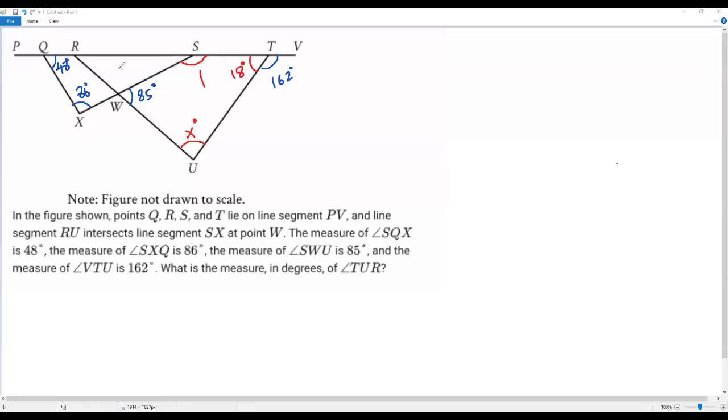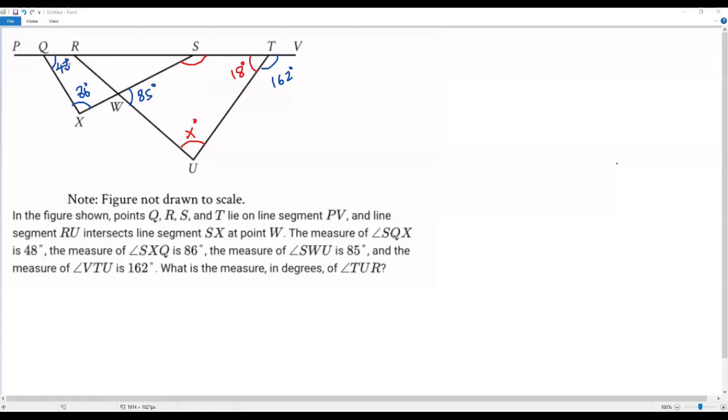Now let's consider the other interior angle measure over here. I'm going to consider the triangle QSX that I marked in red color. In this triangle QSX, this is the exterior angle, because the side QS is extended over here. Whenever I want to get the exterior angle of a triangle, I have to add the two remote interior angles.